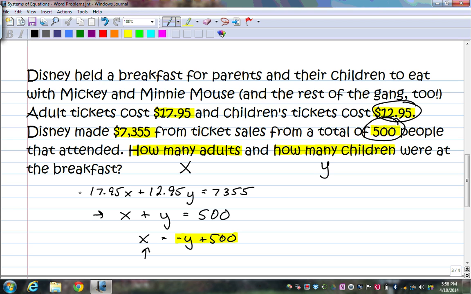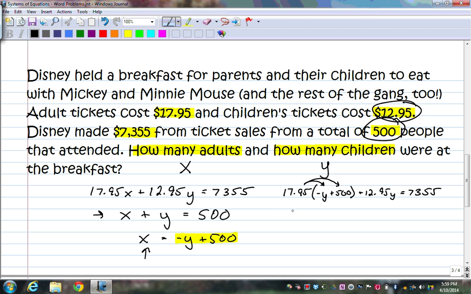So my first equation says 17.95 times x, which I say is negative y plus 500, plus 12.95y should be equal to 7,355. And then I'll distribute the 17.95 to both things on the inside here.